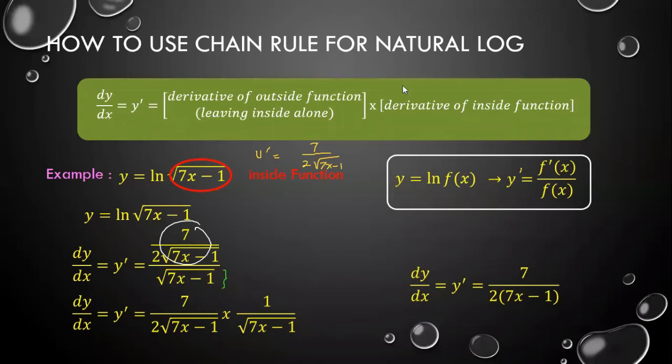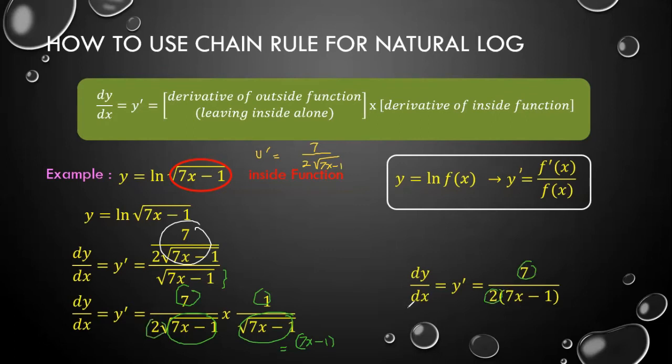Okay, students, root of 7x minus 1 multiplied by root of 7x minus 1 will be 7x minus 1, right? You can simplify this one. Root of 7x minus 1 times root of 7x minus 1 equals 7x minus 1. 7 times 1 is 7, and then 7x minus 1 is left.